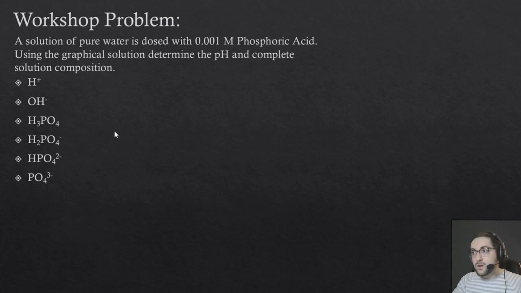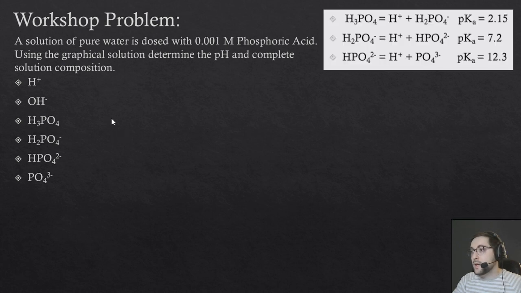And once we know all of those, we can set up our equations, and most importantly, we need our pKa's. So over here, let's set up our deprotonation equations. So starting with phosphoric acid to dihydrogen phosphate, that's got a pKa of 2.15. And then next one is 7.2 and 12.3.